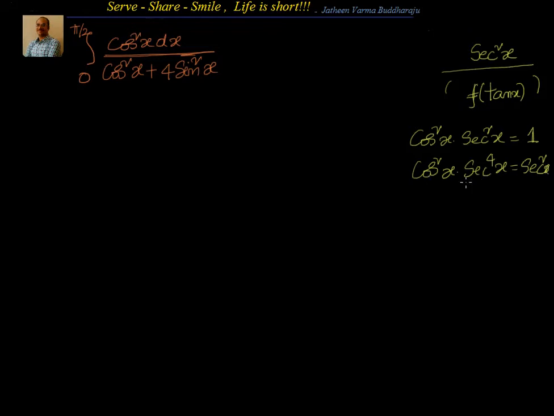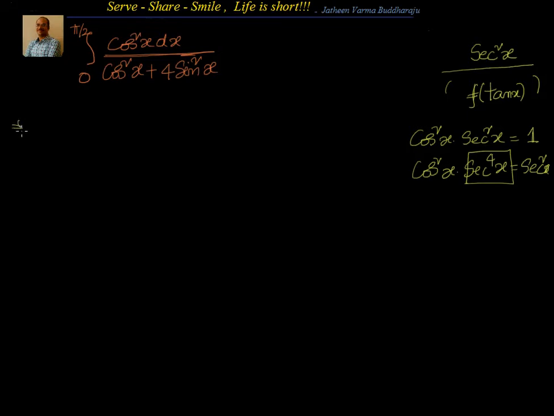So now I understand that I have to multiply the numerator and denominator with secant to the power of 4x so that I can convert the numerator into secant square x. Let us see whether the denominator will convert into tan square and secant square so that we can convert that completely into a function of tan x. Then we should be able to reduce it by using the standard formula.